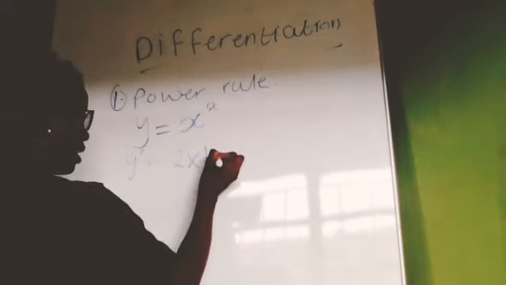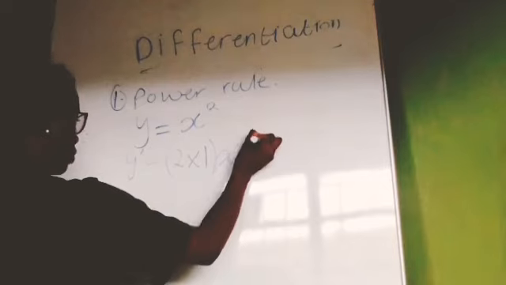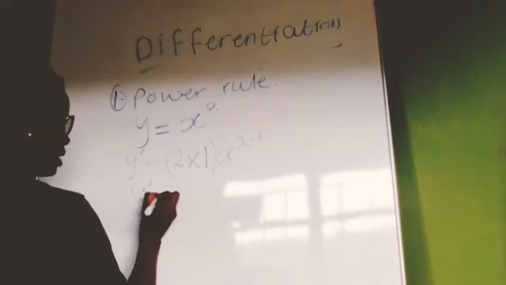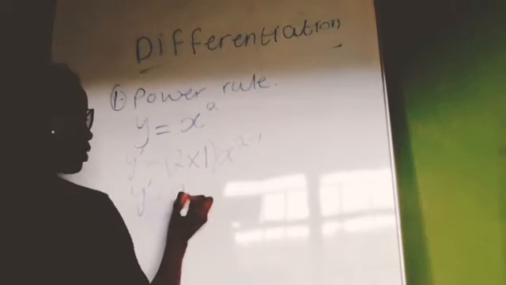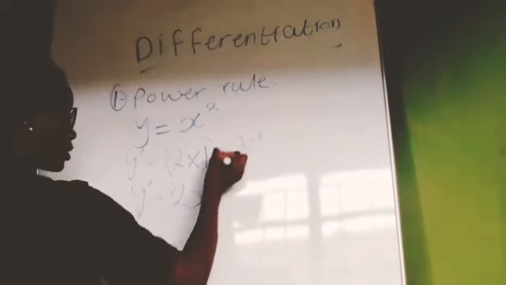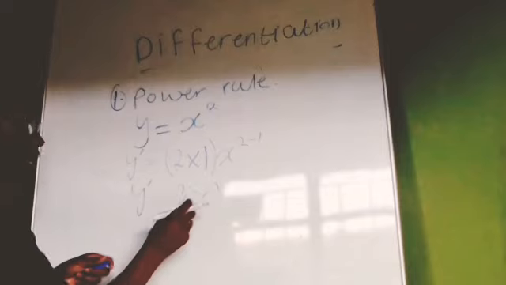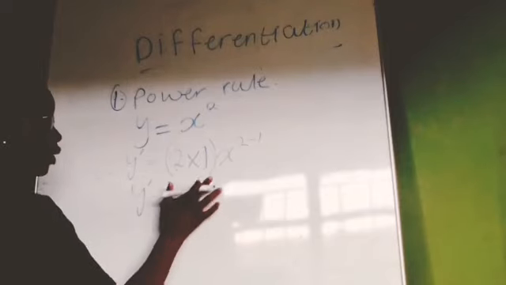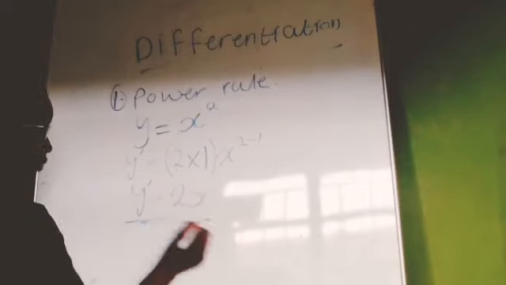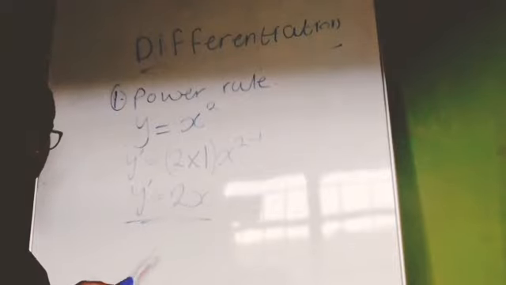Then x, the power reduces by 1, so 2 minus 1. So y prime is equal to 2 times 2. X, the power reduces by 1, so that's just 1. So x to the power 1 is just the same as x, so it's okay even if you don't put the 1 there. So this is the derivative of this function.